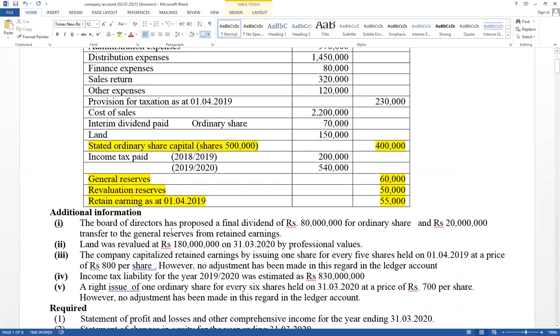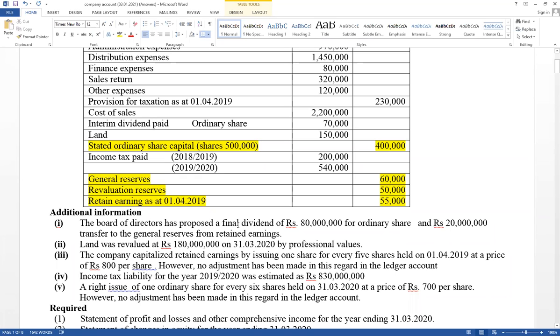The board of directors has proposed final dividends of 80 million for ordinary shares. It has given proposed dividends. Think how to adjust. And 20 million transfer to the general reserves from retained earnings. Right. Think about the first one.